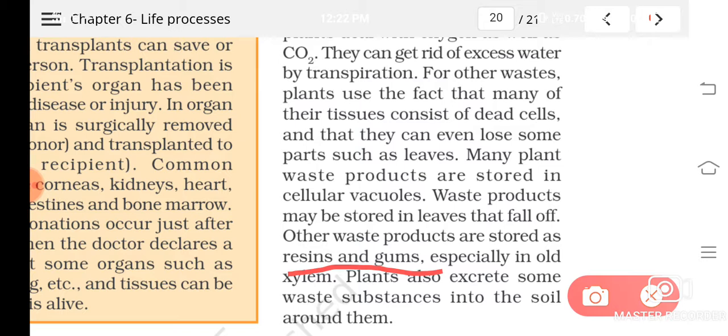And some plants secrete the waste materials into the soil through the roots. So all these are different methods by which plants get rid of waste.